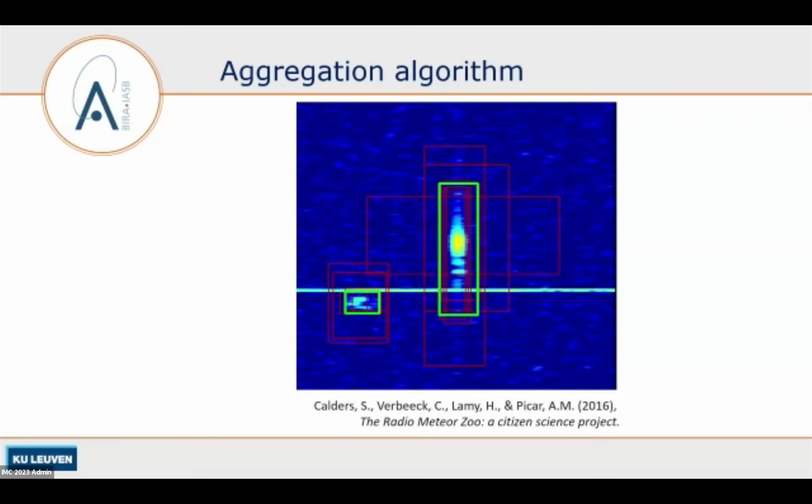These are the bounding boxes, the rectangles you see in red, the identifications by 10 different citizen scientists. I presented an aggregation algorithm in 2016 in the Netherlands on how to group these 10 identifications into the green boxes, which we call the consensus.